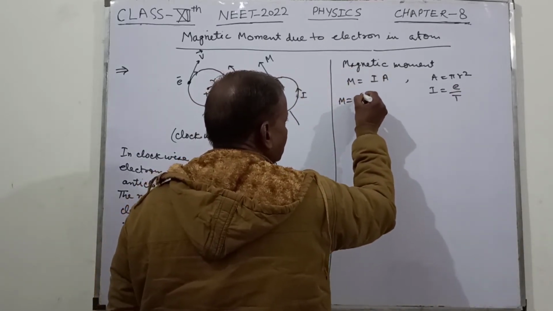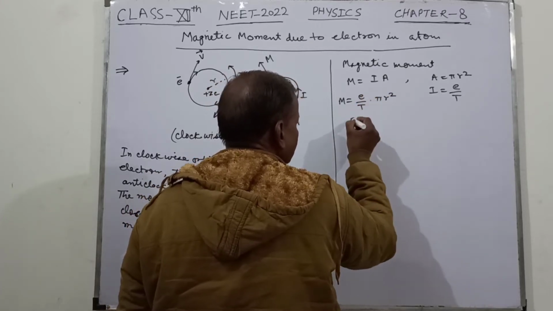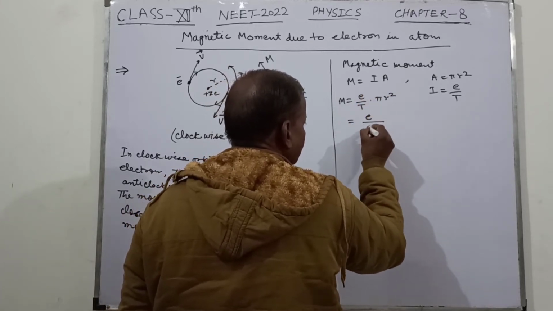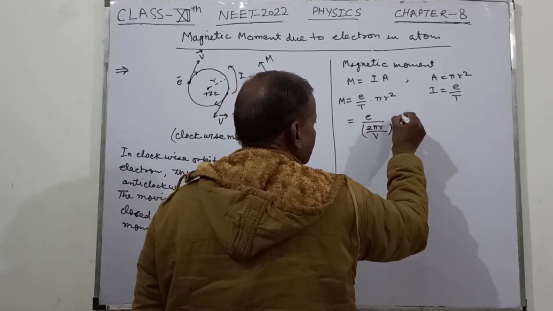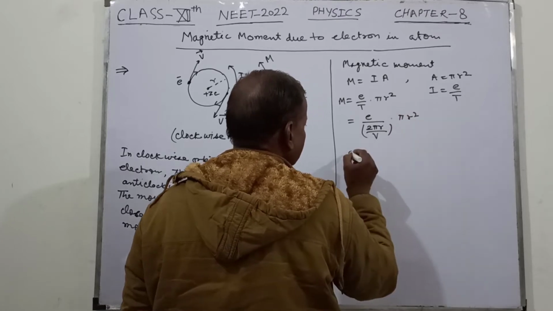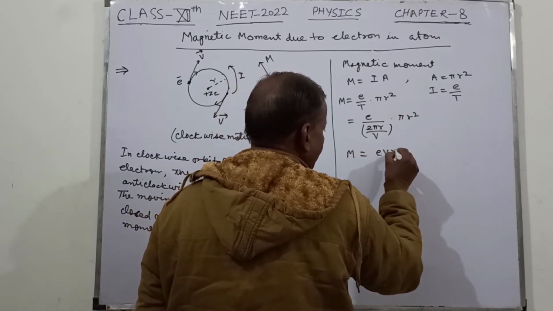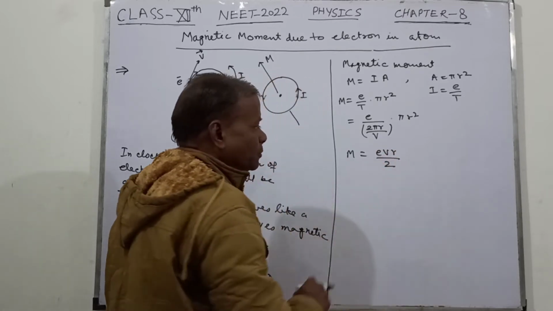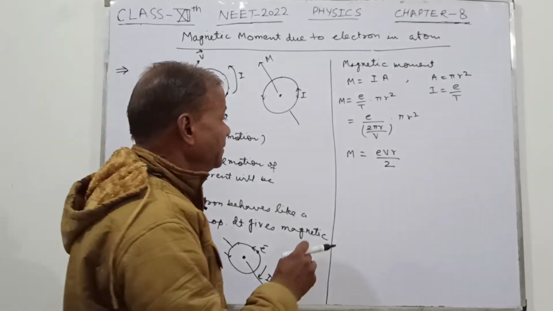So M equals e upon T into pi r square. Since T equals 2 pi r upon v, M equals e v r upon 2. This is the classical view of the magnetic moment.